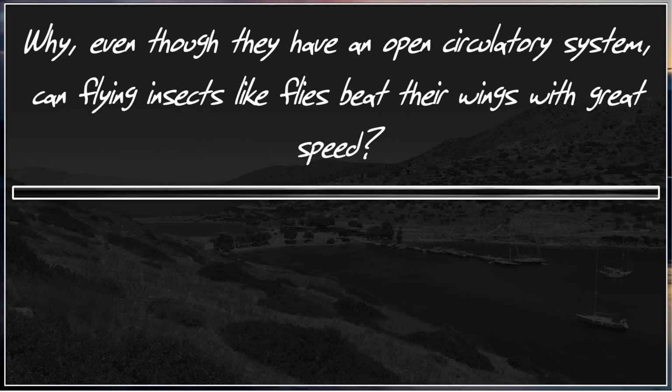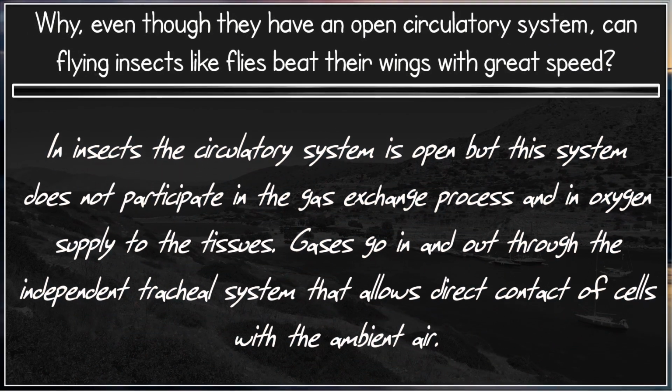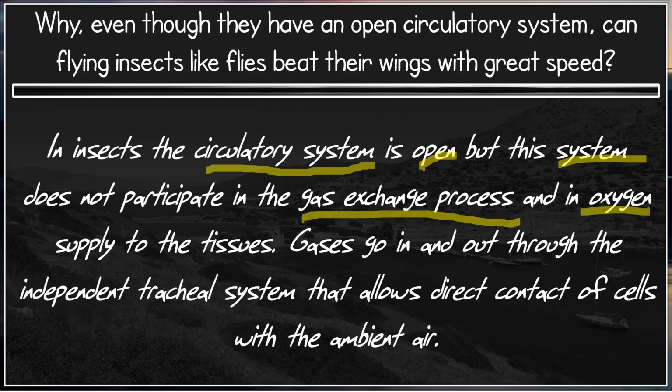Why, even though they have an open circulatory system, do flying insects like flies beat their wings with great speed? In insects, the circulatory system is open, but it does not participate in the gas exchange process and in oxygen supply to the tissues.